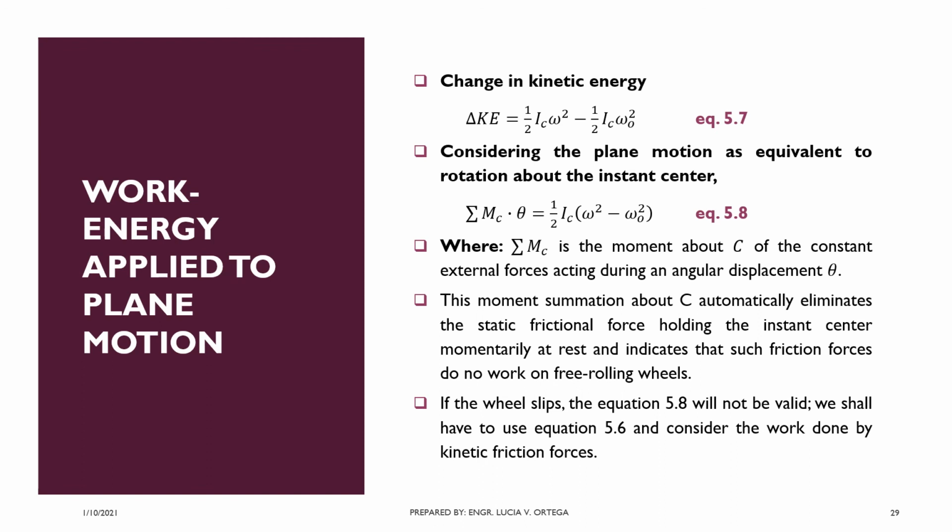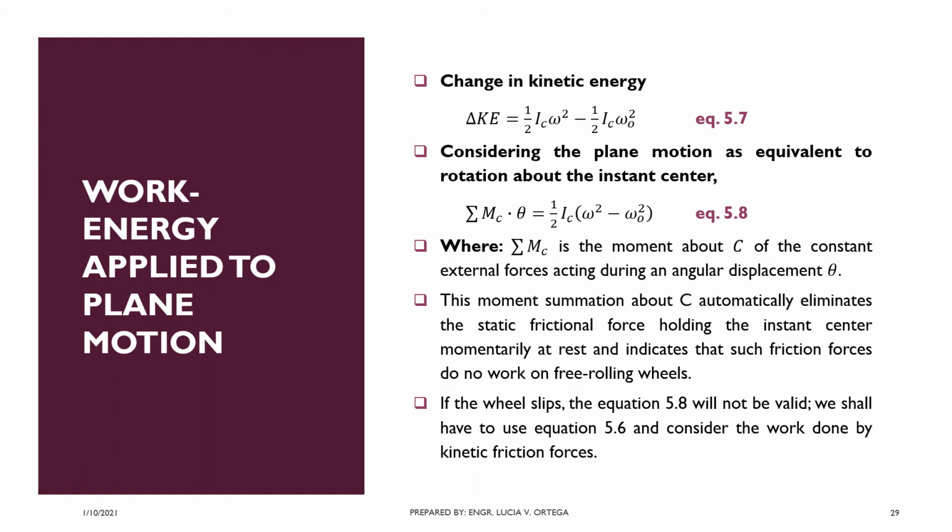Considering the plane motion as equivalent to rotation about the instant center, the moment of the net force about the center times theta, the angular displacement, is equal to this equation. We use I sub C. What is I sub C? I plus W over g r squared. So equation 5.8: the summation of M sub C is the moment about C of the constant external forces acting during an angular displacement theta.